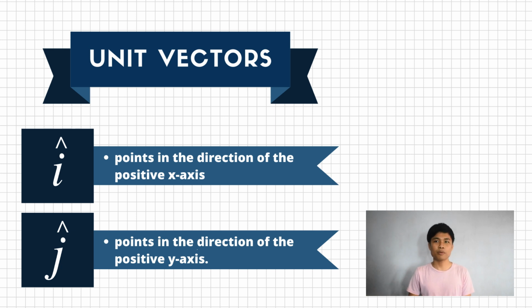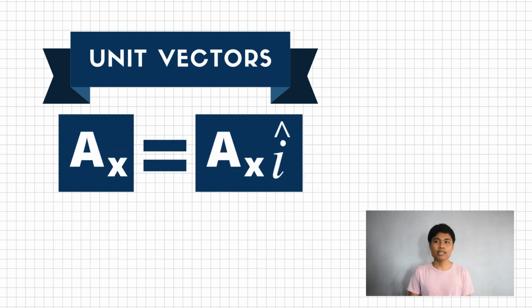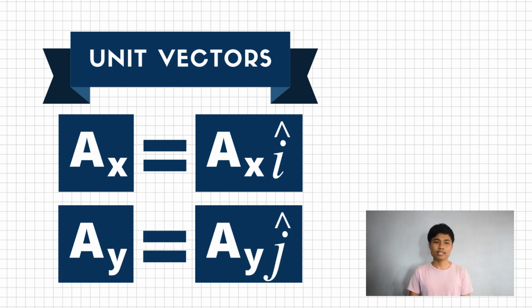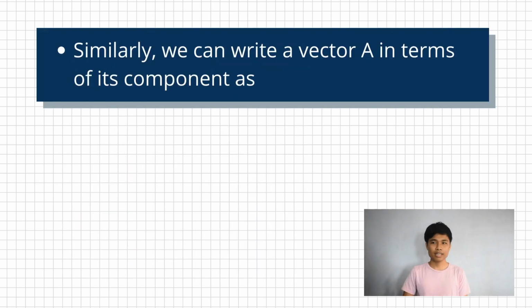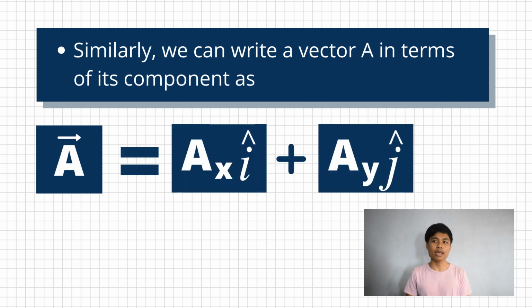Then, we can express the relationship between component vectors and components. Vector A sub x is equal to A sub x i hat, and vector A sub y is equal to A sub y j hat. Similarly, we can write a vector A in terms of its components as vector A equals A sub x i hat plus A sub y j hat.